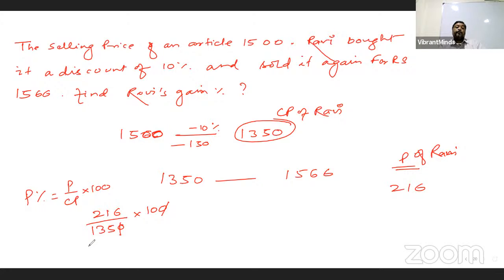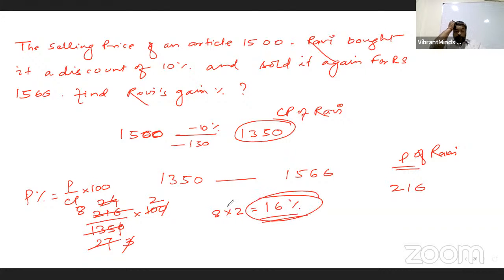The zeros cancel out, and simplifying, the profit percent is 16%.